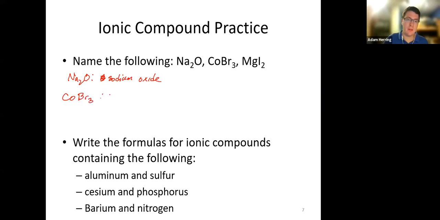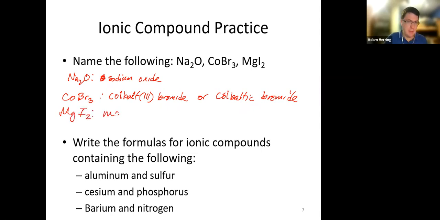CoBr3 we could call cobalt 3 bromide, or cobaltic bromide. And then MgI2, that is magnesium iodide. Magnesium has a fixed charge, so we don't need to indicate what charge it has. Hopefully you got all 3 of those.